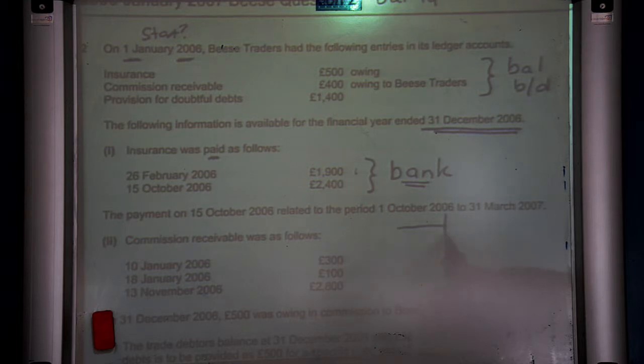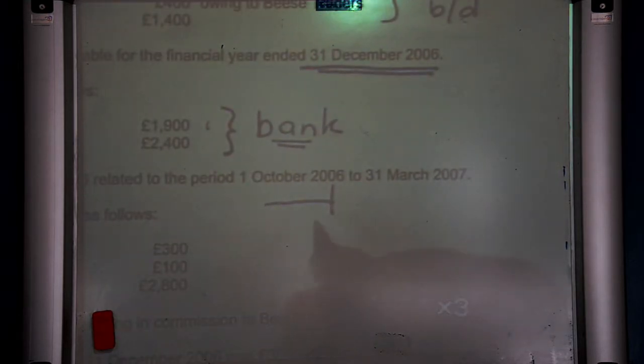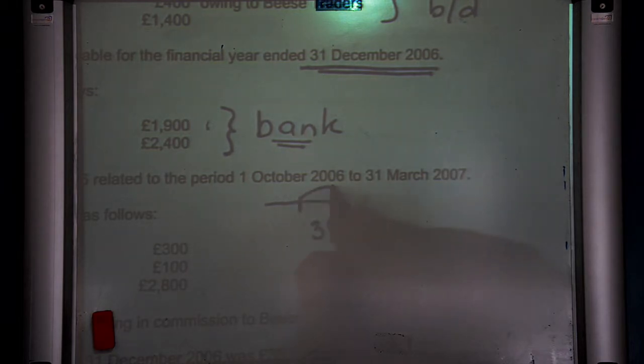So if I drew it on a little bit of a timeline, what I could do was kind of go, right, the end of the year is the 31st of December, and actually some of the payment that I make in November is actually relating to next year. So what we've identified is that we've made a prepayment. But how much is the prepayment? Well, that's the trick. And actually we'll have a look at that in a moment.